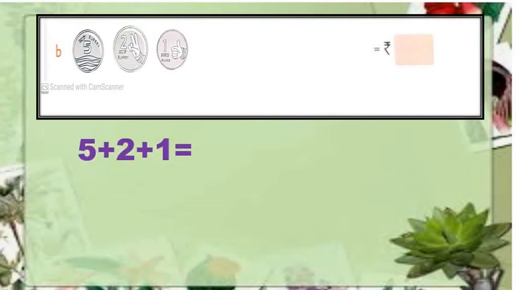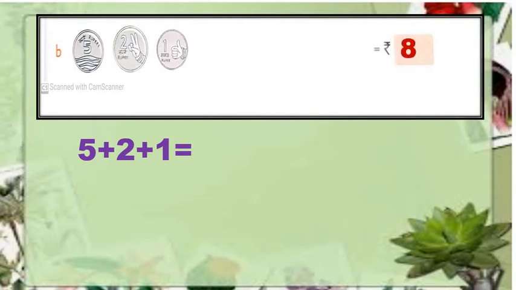We have 5 rupee coin, 2 rupee coin and 1 rupee coin. Here the values of coins are different and we want to know total how much money there is. So we have to make total of all the given numerical values of that money. 5 plus 2, 7. 7 plus 1, 8.